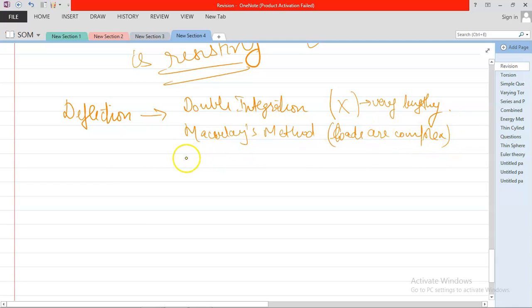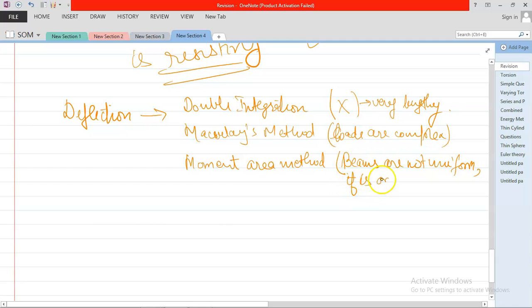And there is the moment area method. In the moment area method, when the beams are not uniform, basically you can use it, and it is one of the easiest methods. Yesterday in the lecture I explained all three methods with the same problem, so you can see that in the recording.